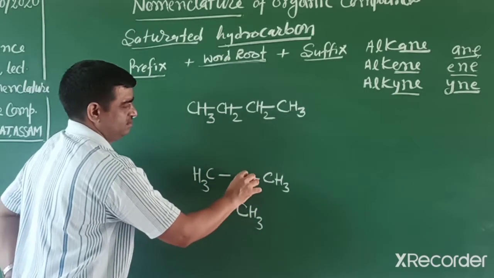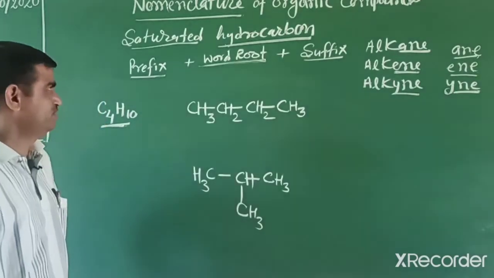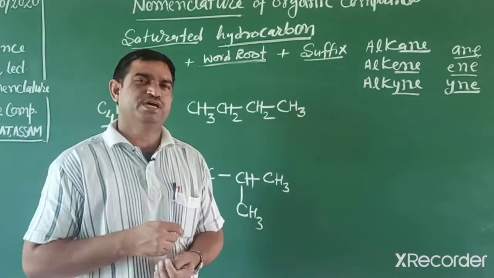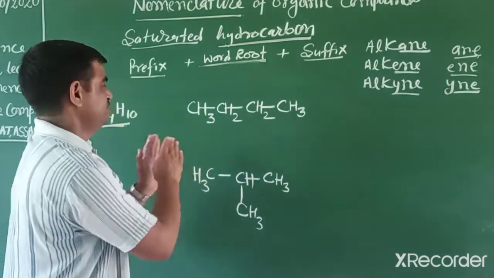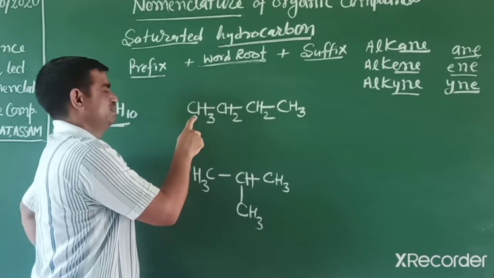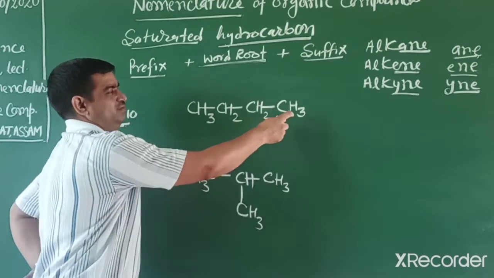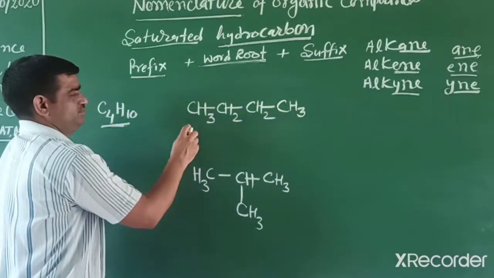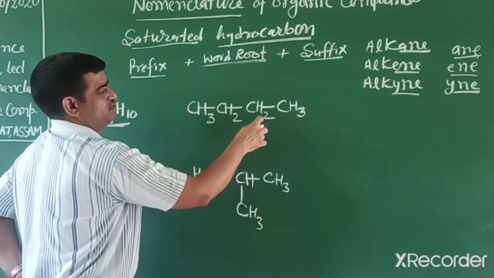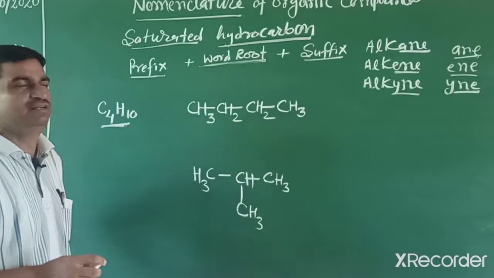Students, the first rule: at first we find the longest hydrocarbon chain and we have to start counting from any one end, one corner. We can start this side or this side. If we start this side, no problem, 1, 2, 3, 4, total 4 carbon.